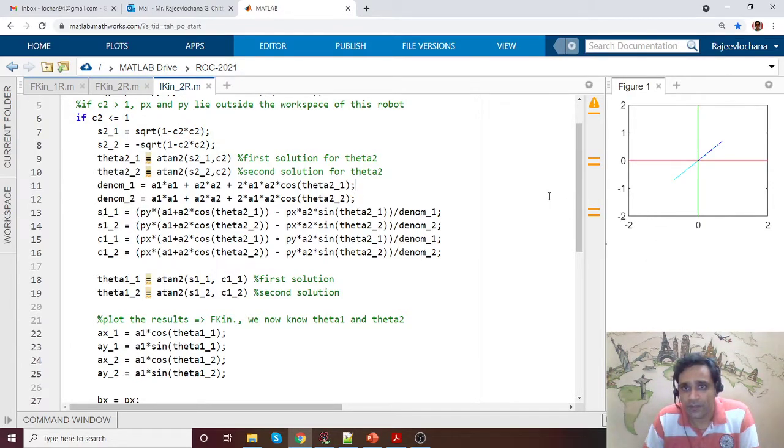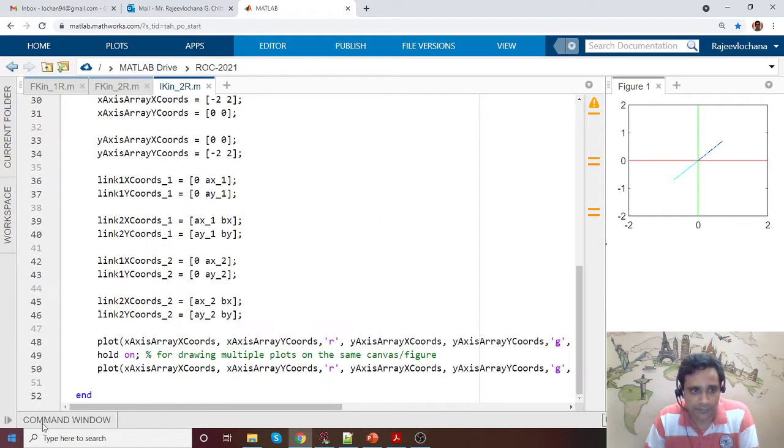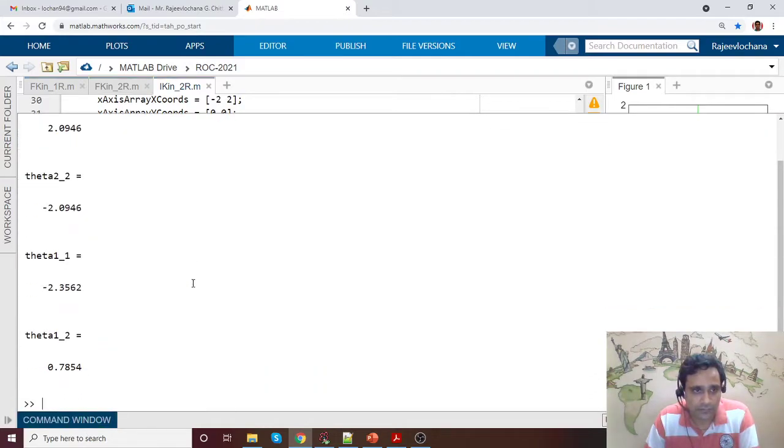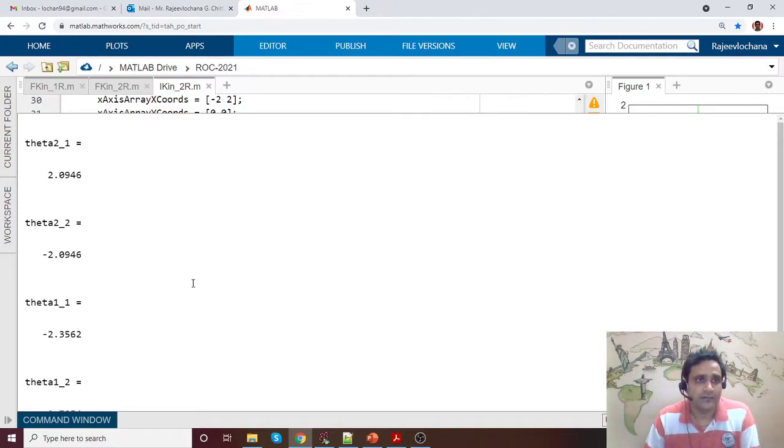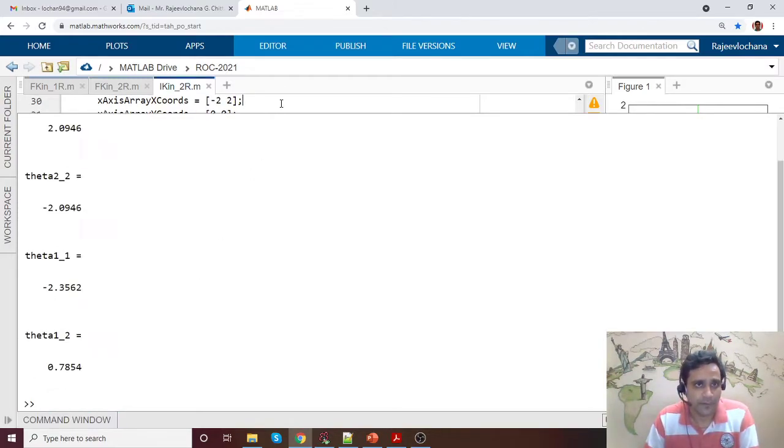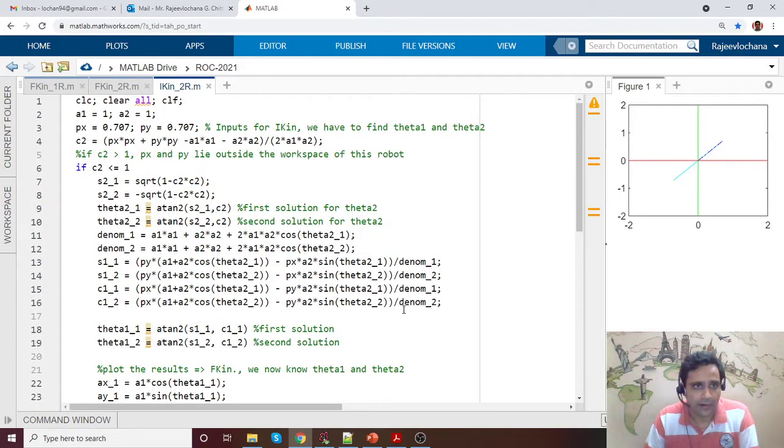Now we are doing the inverse kinematics again. What happened? Okay, so there are a few values in radians. Theta 2. Let me run it again.